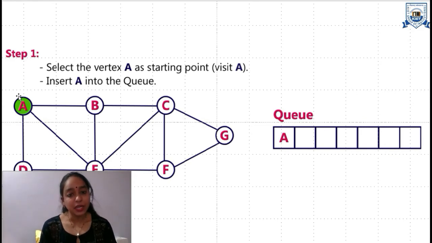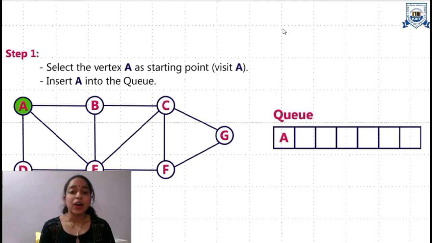For visited, we can take an array whose size is the same as the number of vertices present in the graph. Initially all the vertices are unvisited, so we have taken all the values of the visited array as 0.